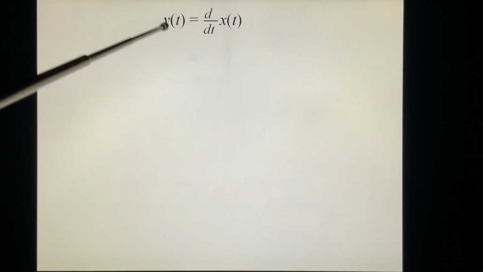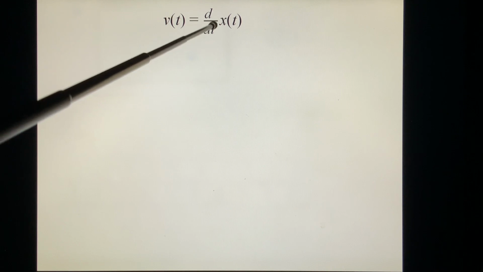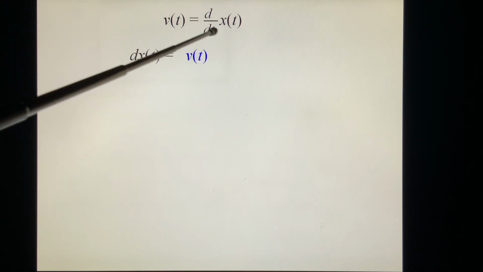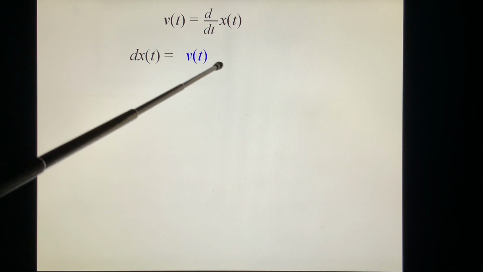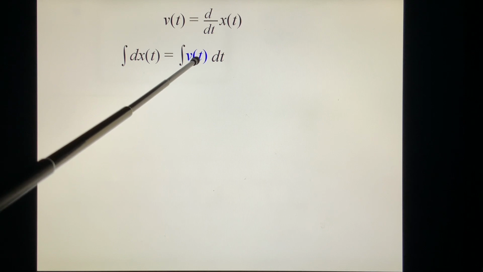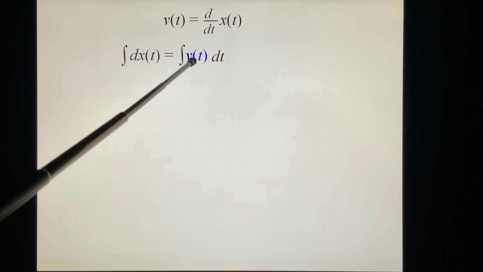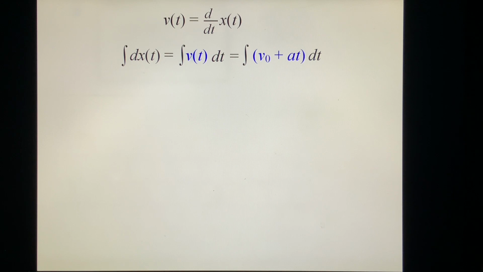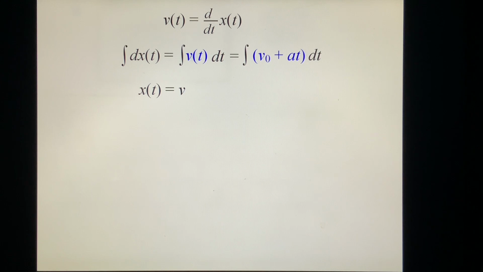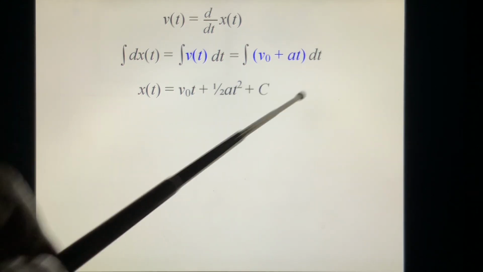We learned that velocity v(t) is dx/dt, the derivative of position with respect to time t. Now we do this one: dx equals v dt. And we do the integration. This is x, right? Integration and differentiation, x. For v(t), v equals v0 plus at. And we do the integration. This is v0t. This is half at squared plus a constant.